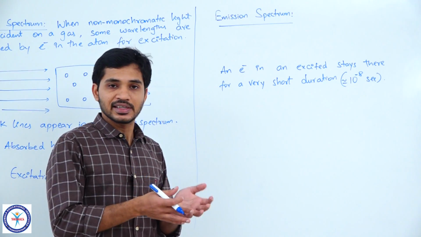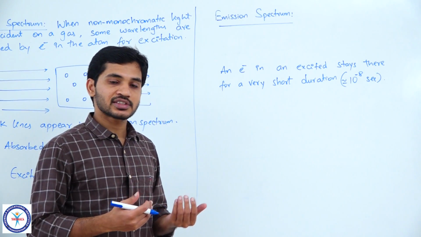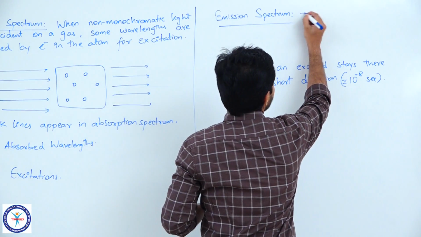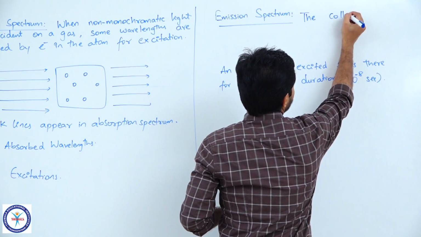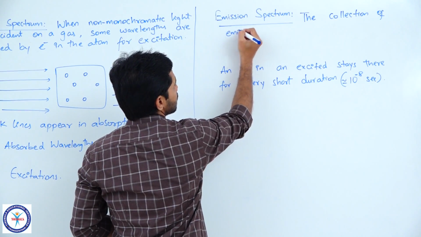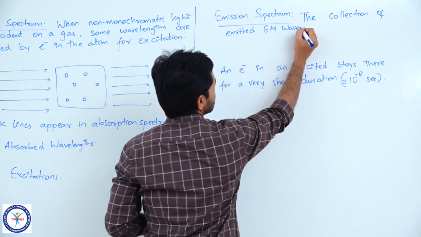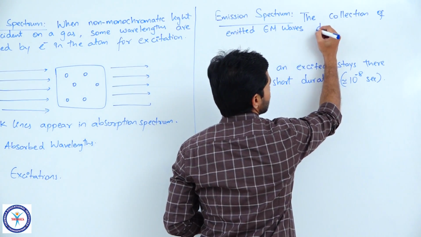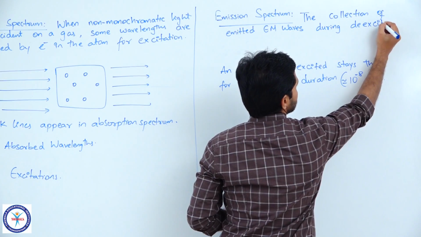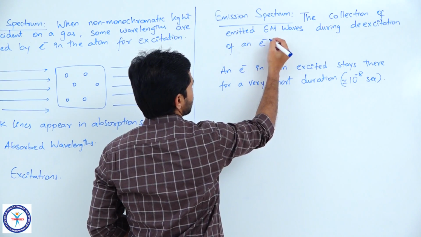And the wavelengths which are released during de-excitation, the collection of all those released wavelengths, is what we call the emission spectrum. I'll write it down here. It is basically the collection of emitted electromagnetic waves during de-excitation of an electron.